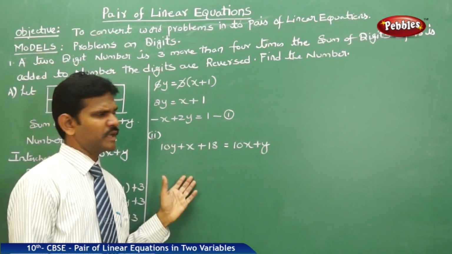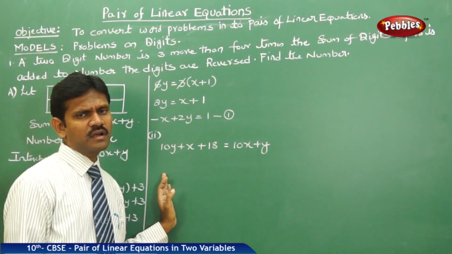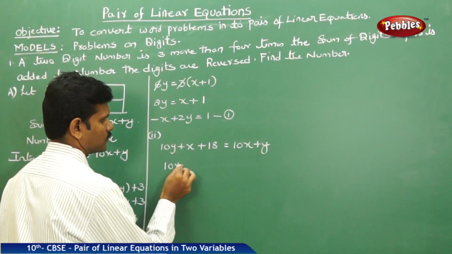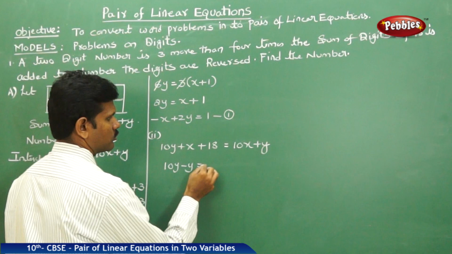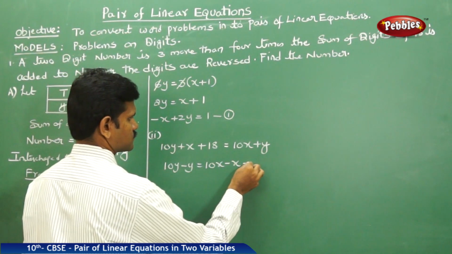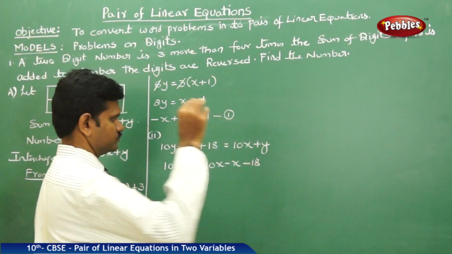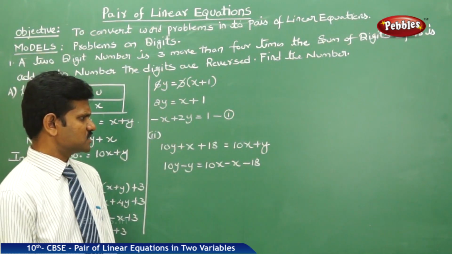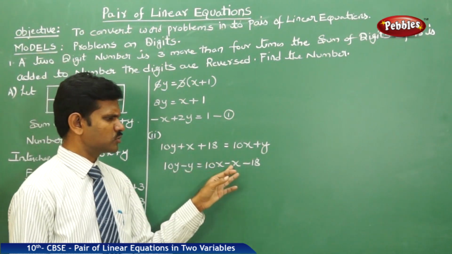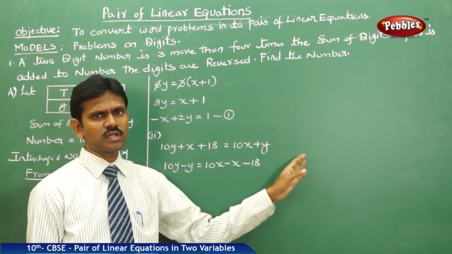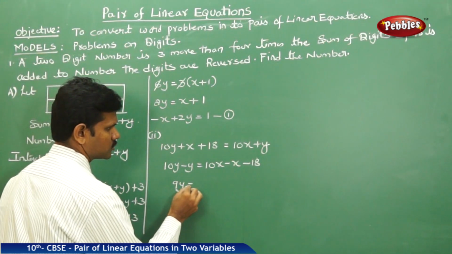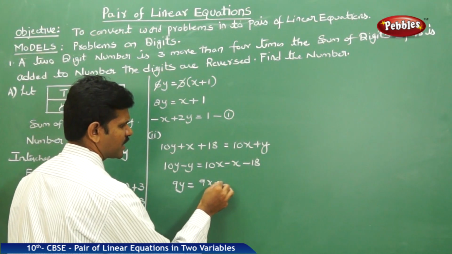Now again grouping, x terms are one side and y terms are other side, that is 10y minus y is equal to 10x minus x minus 18, that is 9y is equal to 9x minus 18.